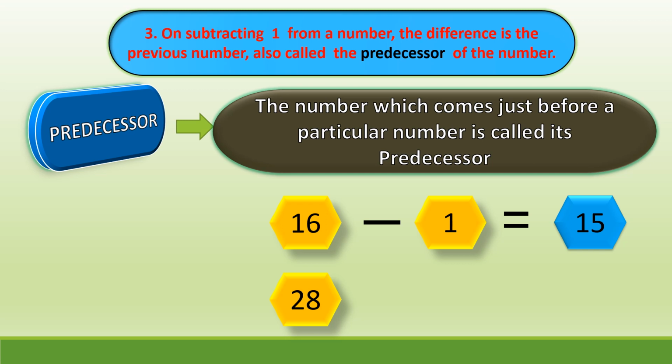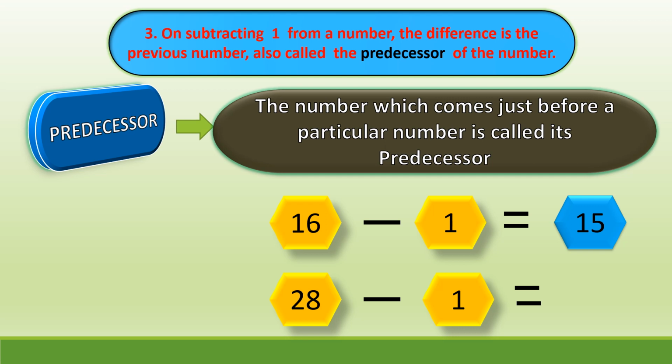Here we have another example. 28 minus 1 equals how much? From 28 you take away 1. When you take away 1 from 28, what do you get? Do you know the answer? What is the predecessor of 28?